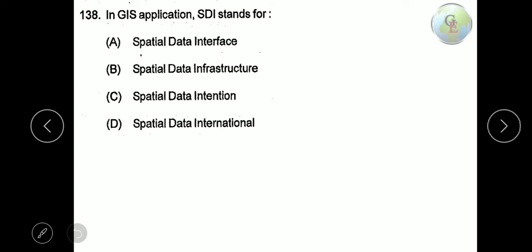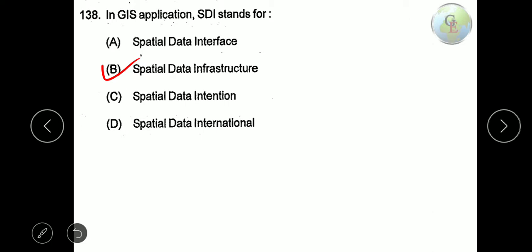In GIS application, SDI stands for spatial data infrastructure. The answer will be option B. So, what is SDI?